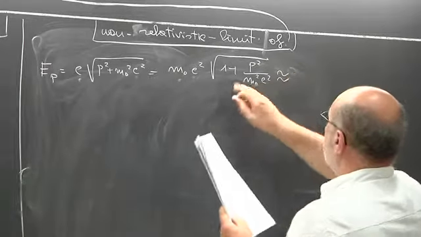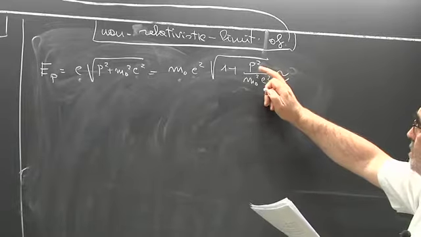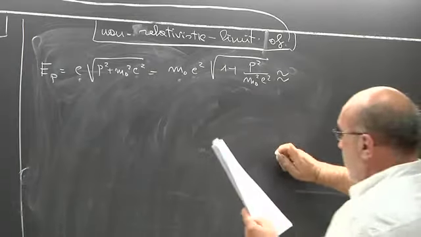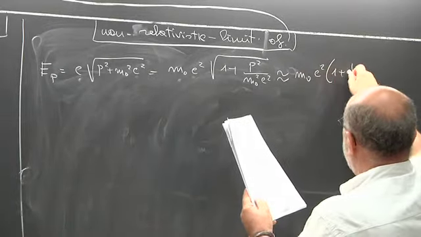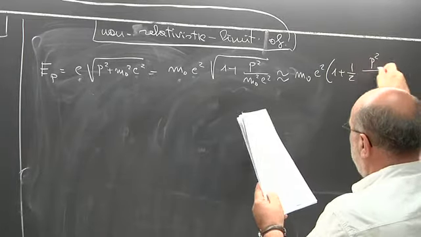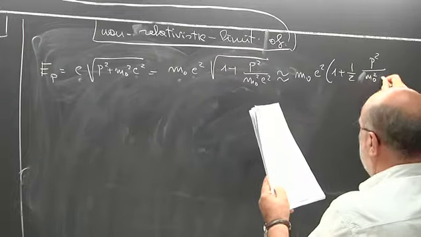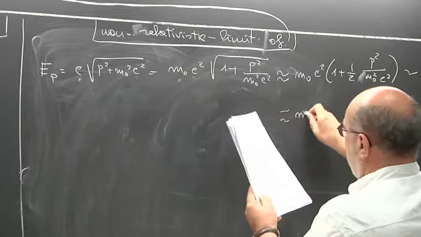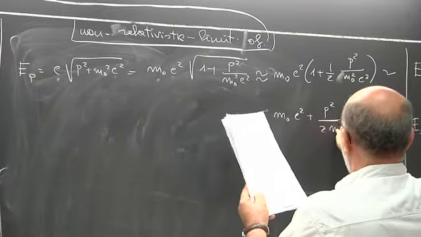This one, if you do the expansion, considering the non-relativistic limit, means we consider that the kinetic energy is much less than the mass energy. Then you get m0 c square times 1 plus 1/2 p square over m0 square c square. And this is equal to m0 c square plus p square over 2m.